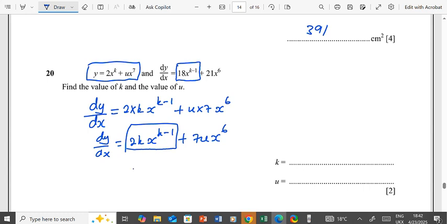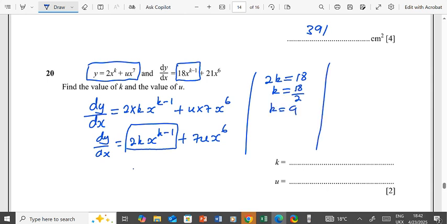So 2k would be equal to 18, since the x to the power k minus 1 is the same in both. So k is 18 over 2, which turns out that k is 9. The 7u x to the power 6 can be equated to 21x to the power 6, because they all have x to the power 6.